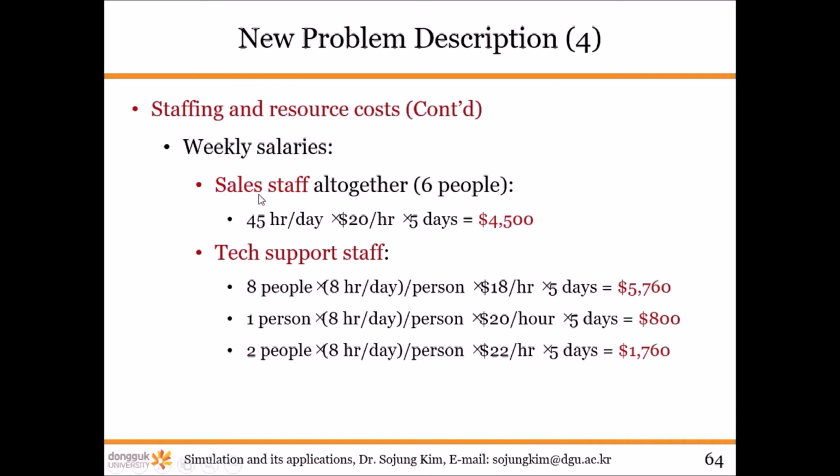Then you can calculate the weekly salaries based on the current number of staff. Sales staff altogether is 6 people, 24 hours a day, at $20 per hour times 5 days, which will give you $4,500. For the tech support staff, there are 8 people, only considering one product type, so you can pay this amount.